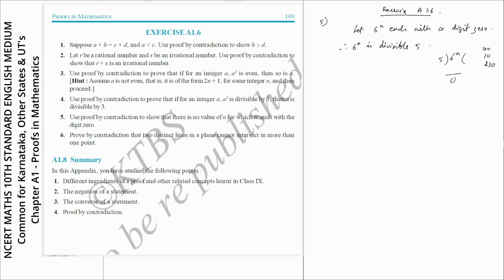Divisible by 5 means if I divide, I should get remainder 0. Let us say k is the quotient. Therefore I can write 6 power of n by 5 is equal to k. Now k is a positive integer. Always quotient will be a positive integer. So here we'll assume n is a positive integer only.